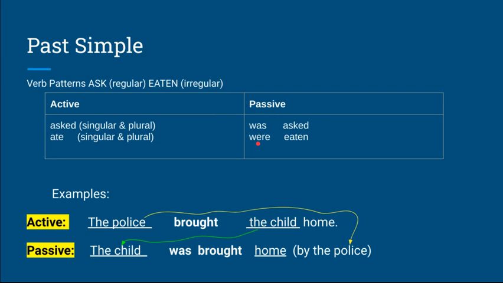If it would be negative, that would be wasn't asked and weren't eaten. Some examples. The police brought the child home, and the passive, the child comes to the first place, was brought home by the police.